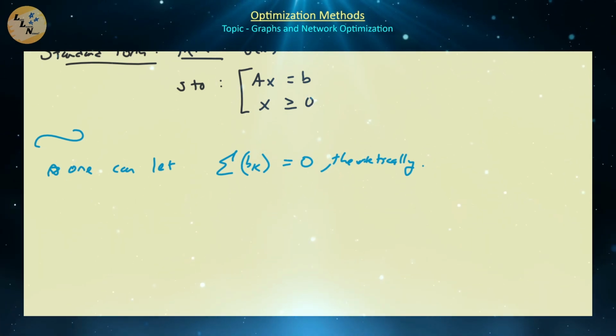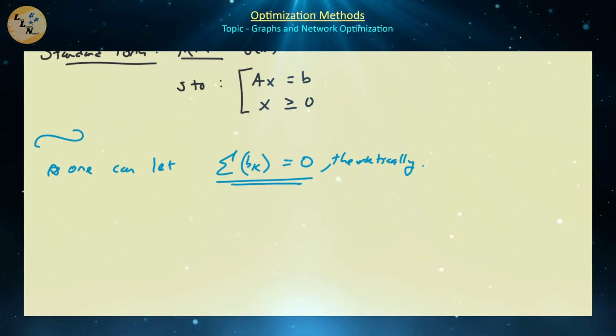So nobody's going to be losing money across the entire scheme. Of course, this is not practical for the real world scenario, but we're actually going to be letting the sum of our bk be equal to 0. So for example, if somebody demands 5 loaves of bread, I'm not going to have 6 loaves of bread in stock. I'm only going to have exactly 5, not less or more. So that's going to be our setup.